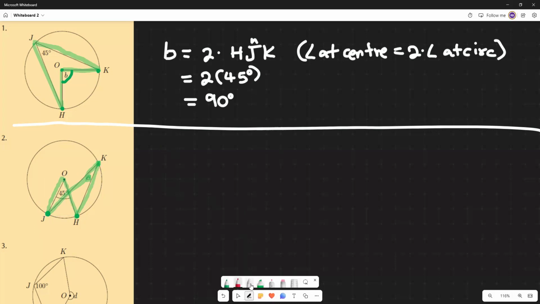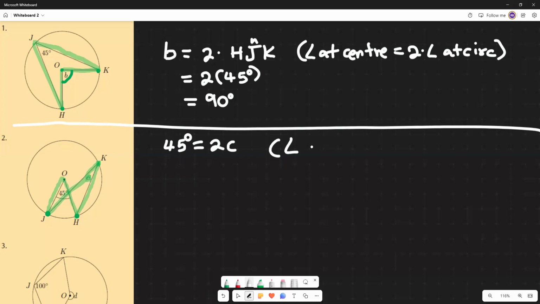So now we can see that 45, which is angle at the center, is 2 times C. You agree? 45 is 2 times angle at the circumference.